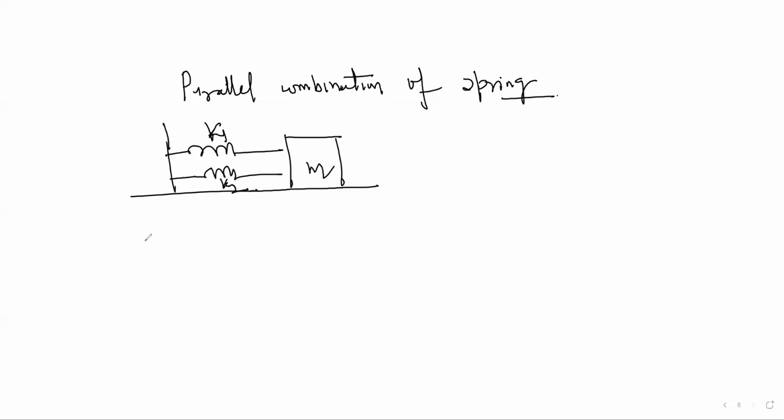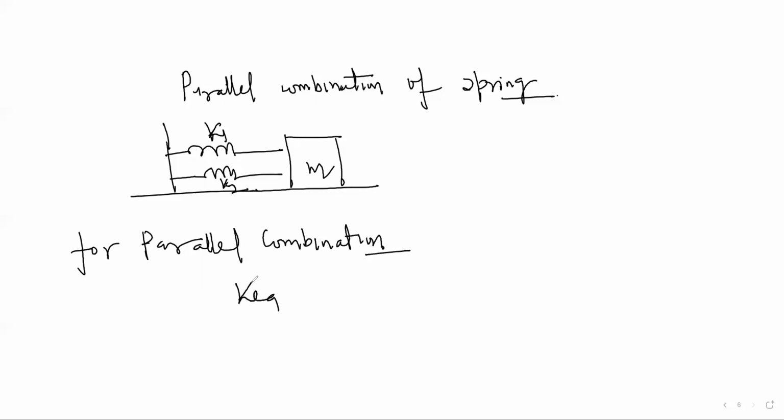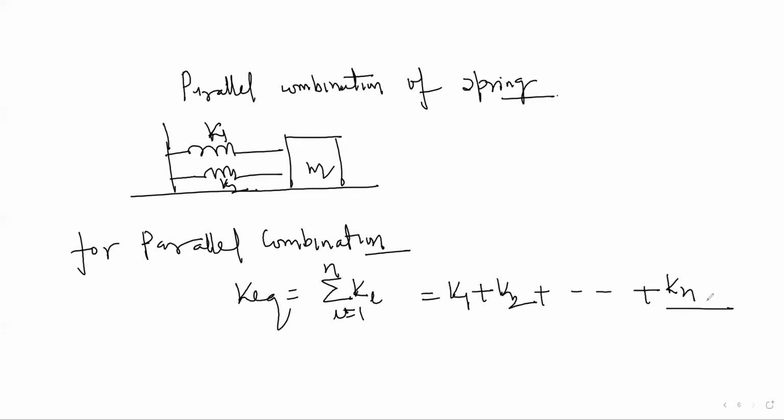So for parallel combination, K equivalent is simply the sum of Ki, where i runs from 1 to n. This is equal to K1 plus K2 plus so on and so forth plus Kn.